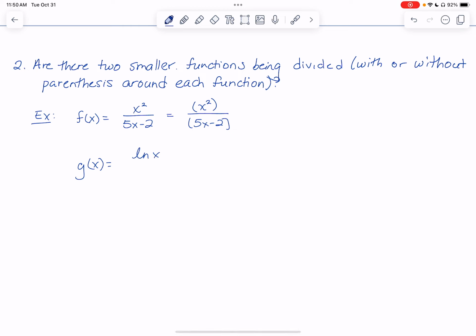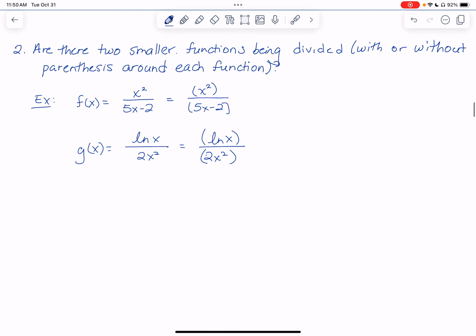Here I'm going to have a natural log of x divided by 2x squared. And I can rewrite that again with the parentheses: natural log of x over 2x squared, and I put parentheses around that.